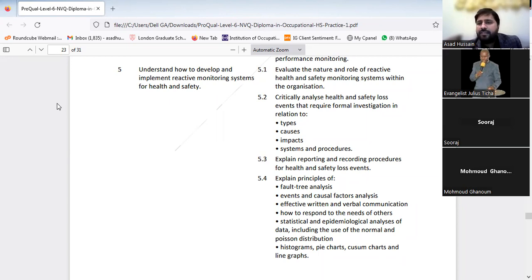But in this unit, because it is checking your understanding and knowledge, no potential evidence is required here.